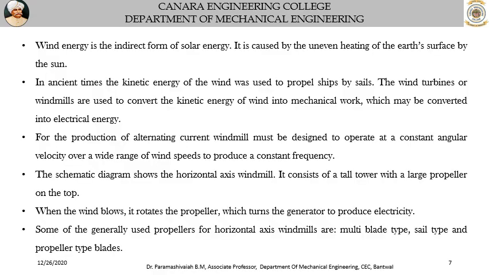So wind energy is an indirect form of solar energy. The blowing of wind is again due to solar energy only. There will be differences in the pressures. The pressure of the air in the atmosphere leads to the rushing of air towards the low pressure area, thereby causing the wind to blow. So it is caused by the uneven heating of the earth's surface by the sun.